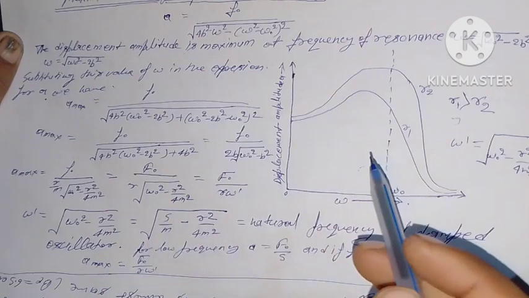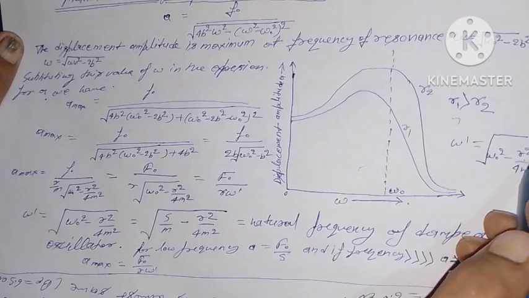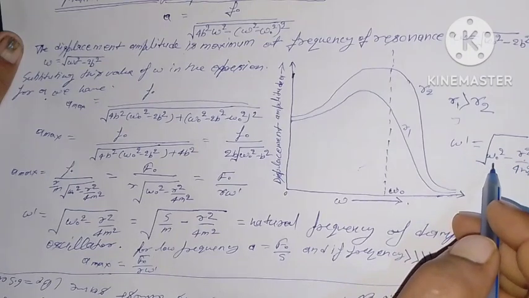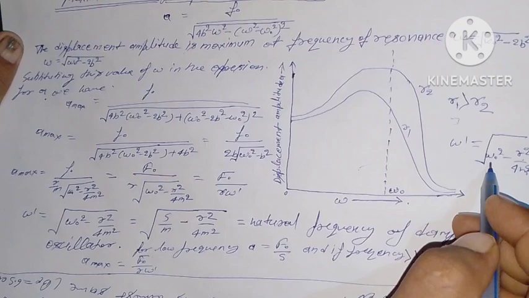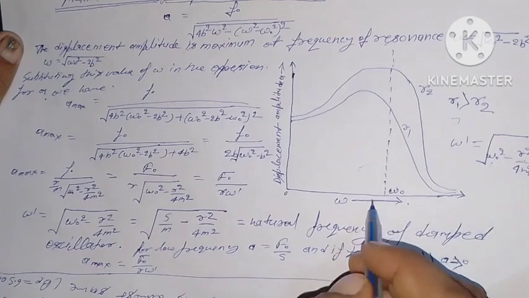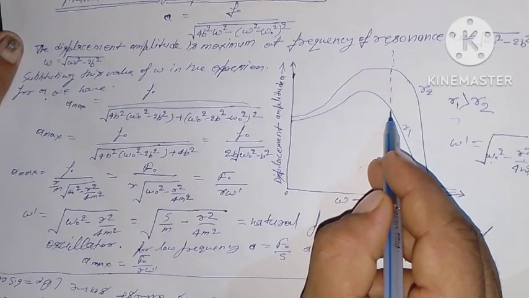Hence, as R decreases, omega dash comes closer to omega naught, as compared to the A max corresponding to R1.